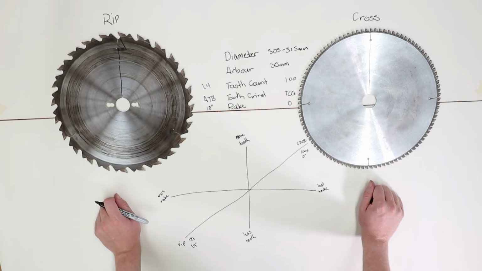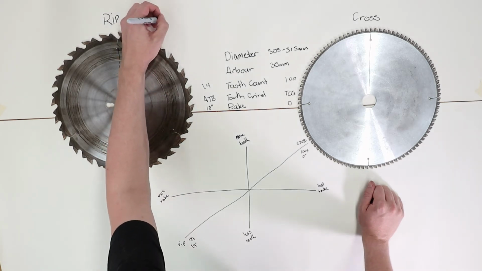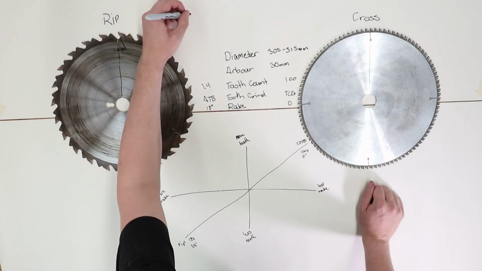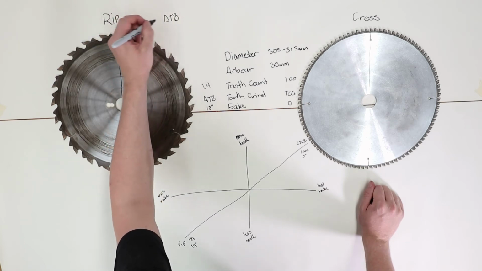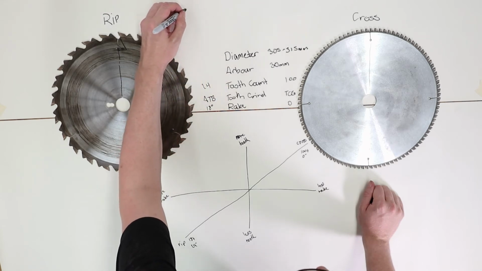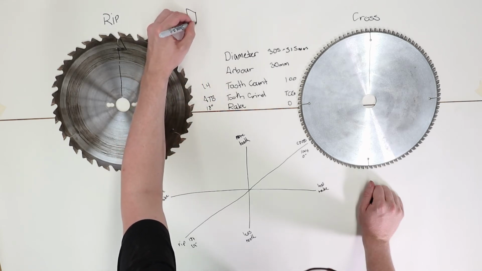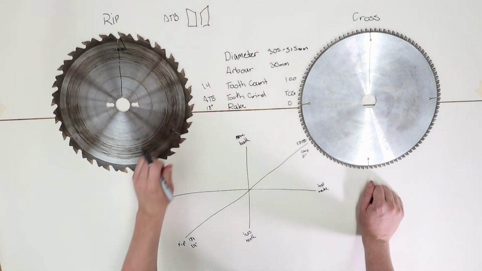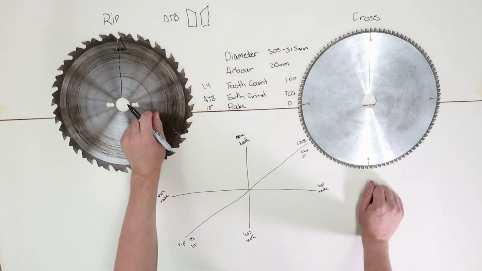For most purposes, ATB is what you're going to see. There are some variations on ATB, but ATB looks like this. So you've got A, T, B, and that means it's an alternating tooth bevel. So that means that if you look at the face of each tooth kind of looks like this. And then the next tooth will look like that. And they alternate between the two.